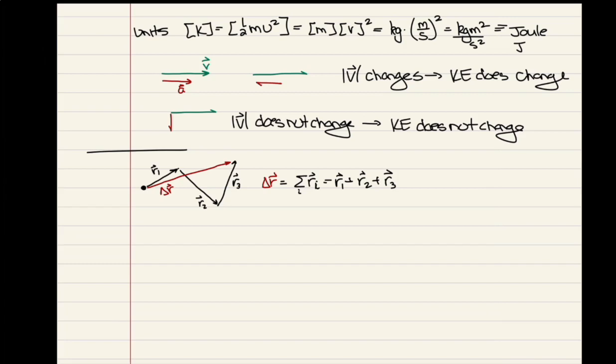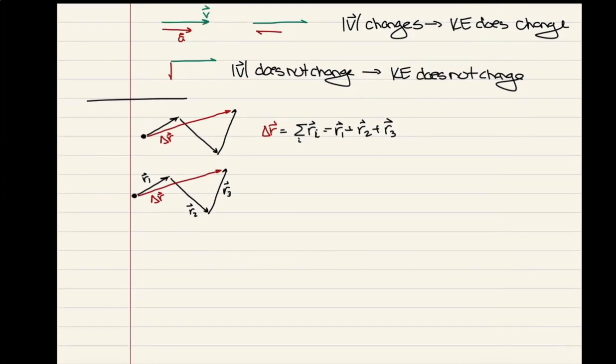If instead I was measuring this in terms of time and velocity, we could say something very similar. I could erase these. Suppose I have some velocity vector that's pointing in a given direction.